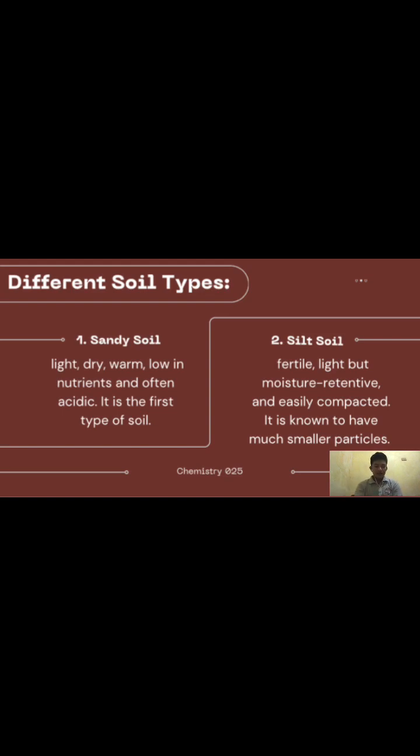Sandy soils are light, dry, warm, low in nutrients, and often acidic. When we say acidic, it has a low pH as opposed to a base which has a higher pH. The first type of soil is sand. Yun daw ang pinakaunang uri ng ating soil.